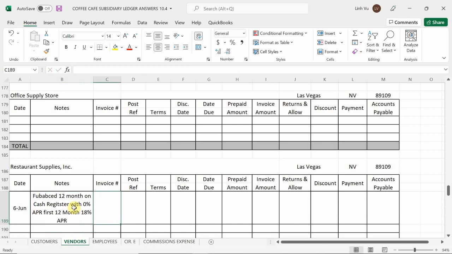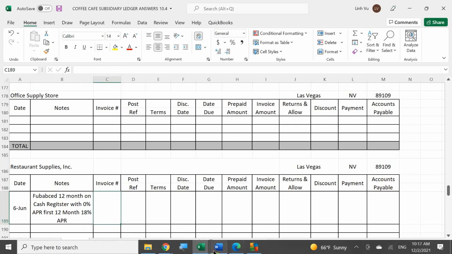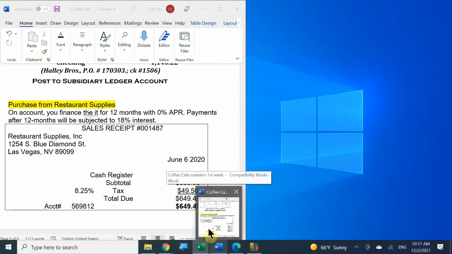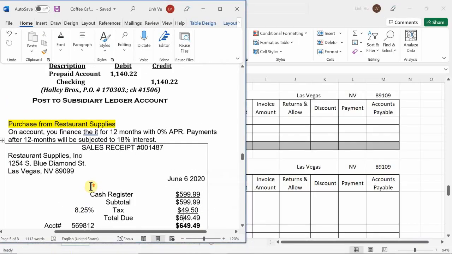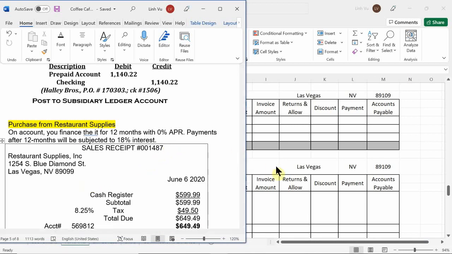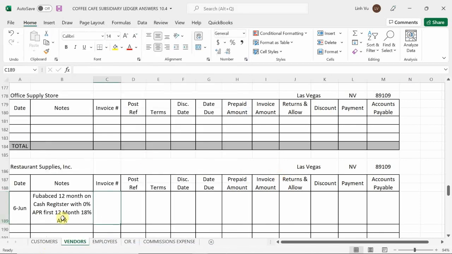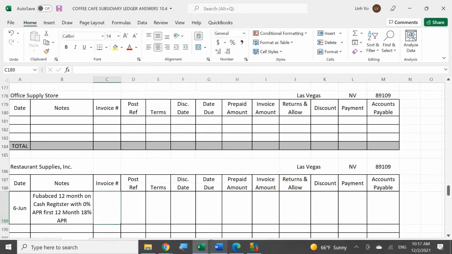We're not given any details of when we have to make a payment, but invoice number. What was our invoice number in this case? It was a sales receipt number, 001487. Oh, other information you could do here is you could put your account number. Okay.